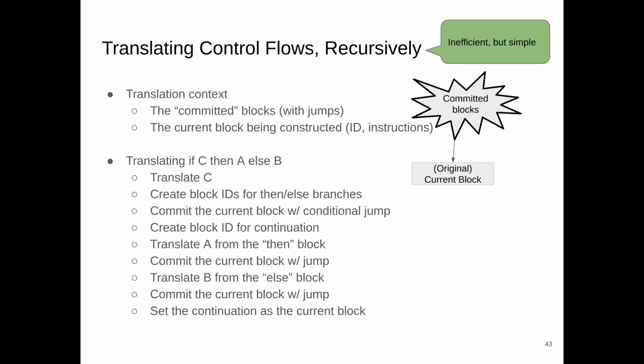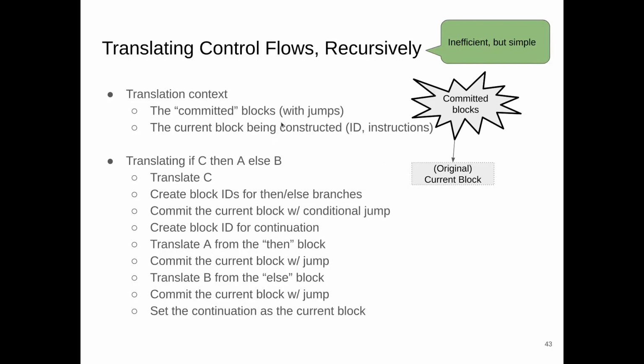And here is the high-level structure of the recursion that I'm going to use for the translation of if then else. And in the course of explaining this recursive translation of if then else, the interface between the caller and callee will be made explicit.